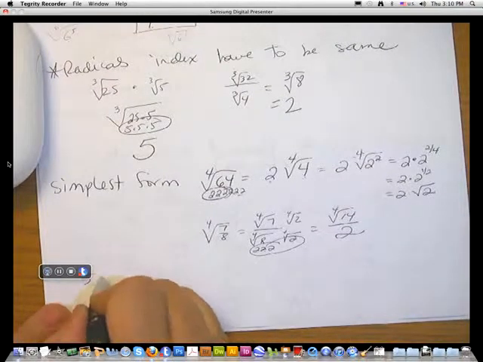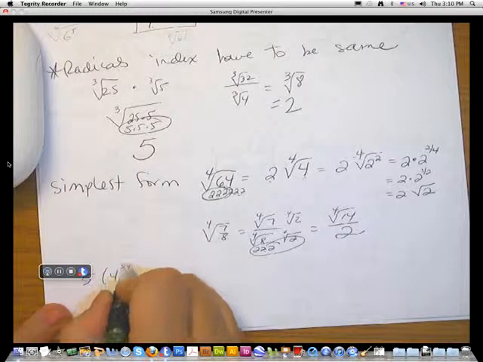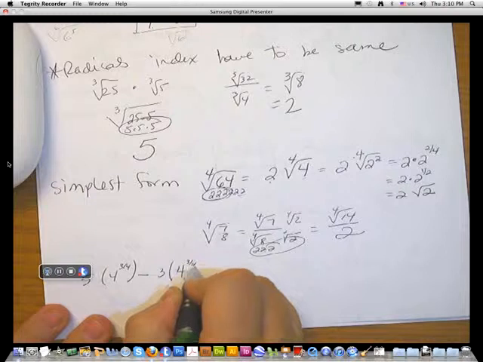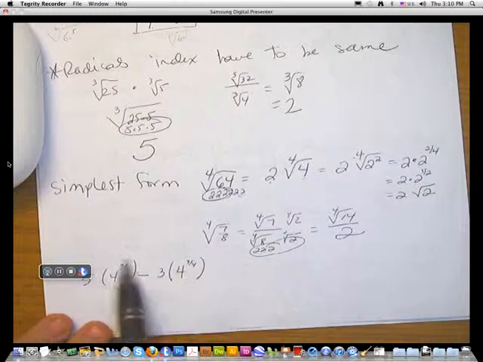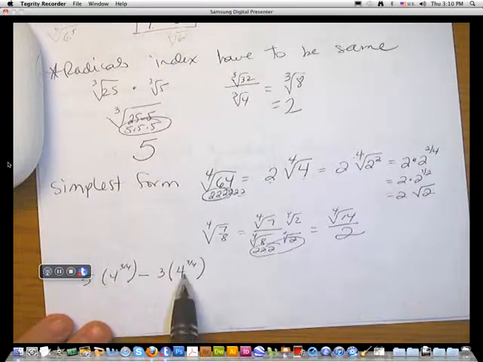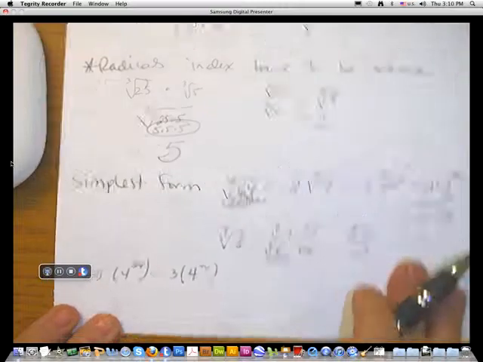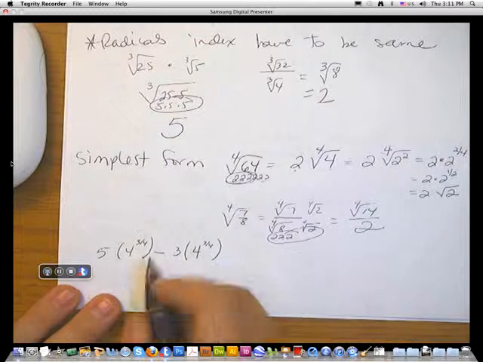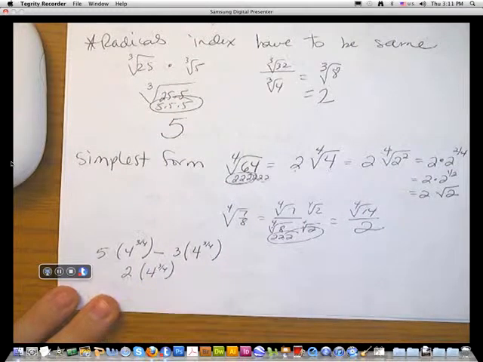Okay, let's see. 5 times 4 to the 3/4 minus 3 times 4 to the 3/4. This is junk that is exactly the same junk. It's like saying 5x minus 3x. So I got 2 of that junk.